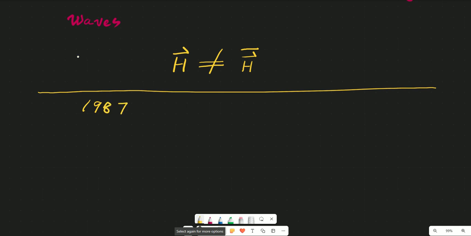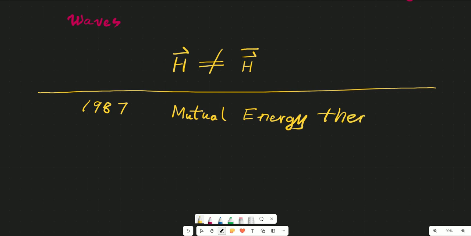In 1987, I published the mutual energy theorem.